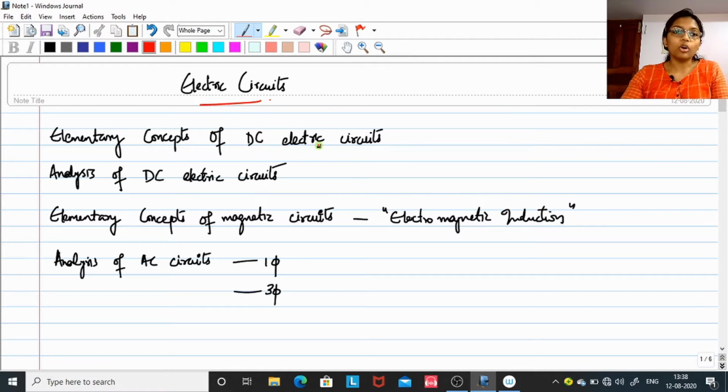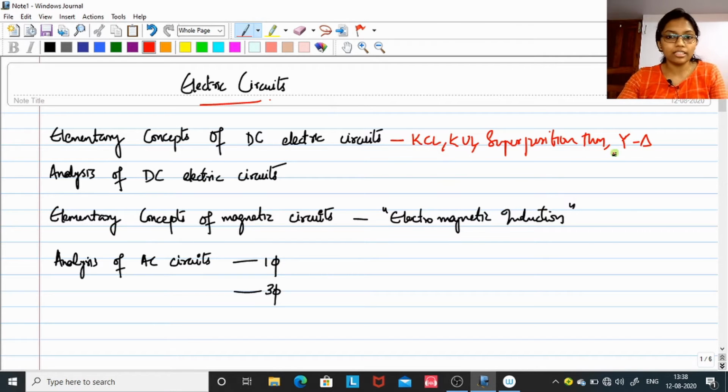So this is the course flow for the subject. You can see 4 sections. Actually, this is the syllabus provided by KTU 2019 revised scheme. In the first section, elementary concepts of DC electric circuits, here we will discuss the basic theorems like KCL, KVL, superposition theorem, and star delta conversion, etc. And analysis of DC electric circuits is the second section.